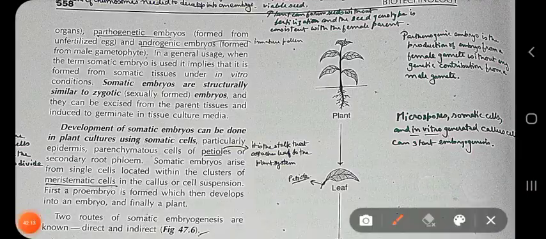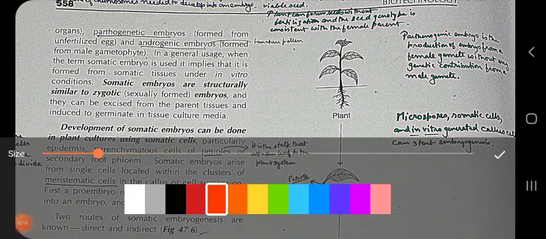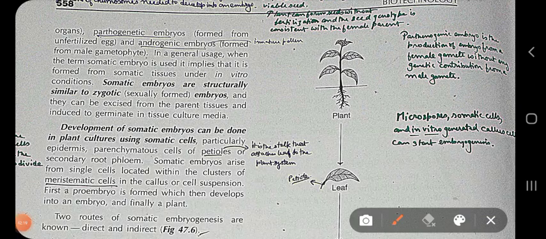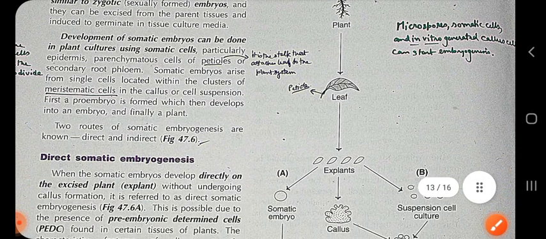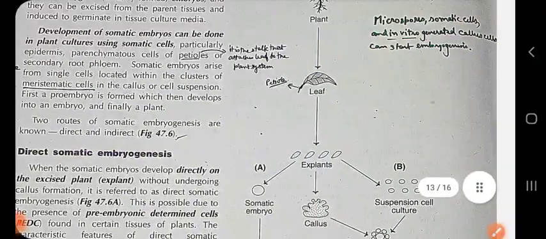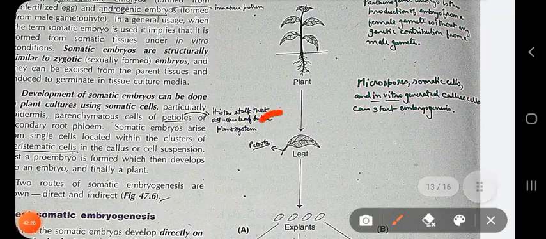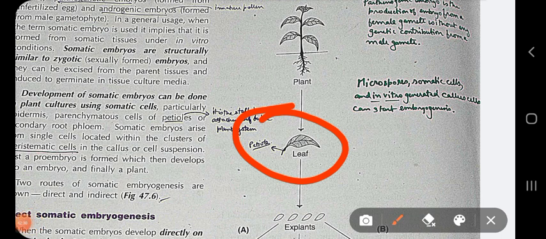You can see here, this is the explant, and after the explant, you can see the petiole has been taken.